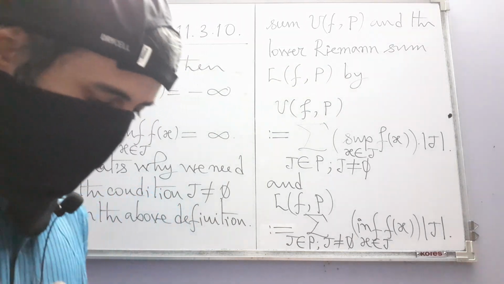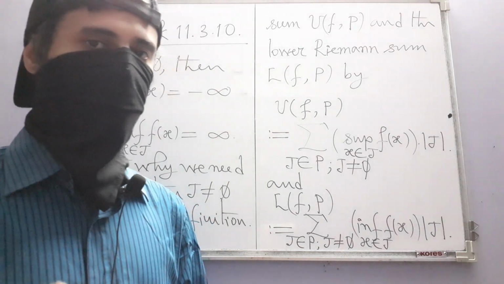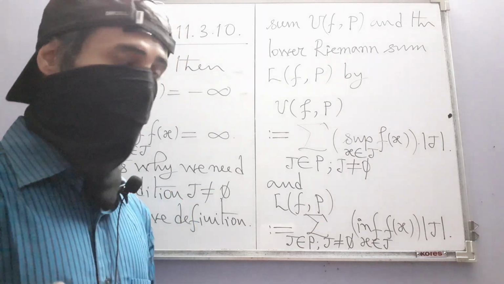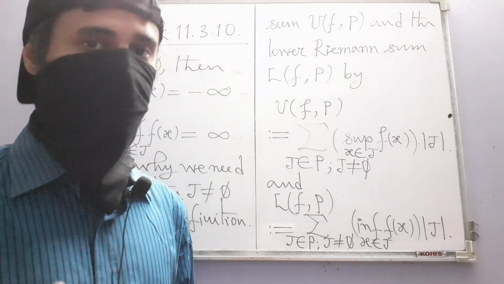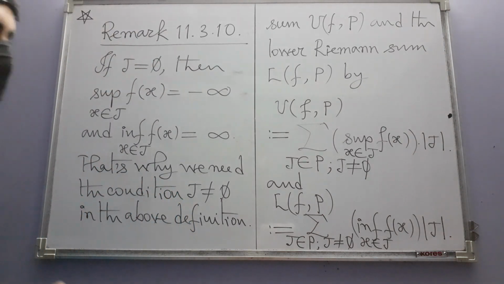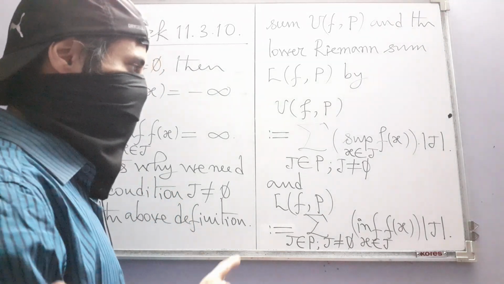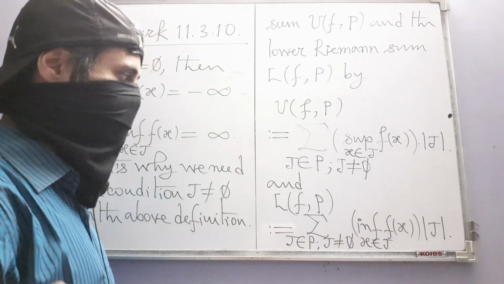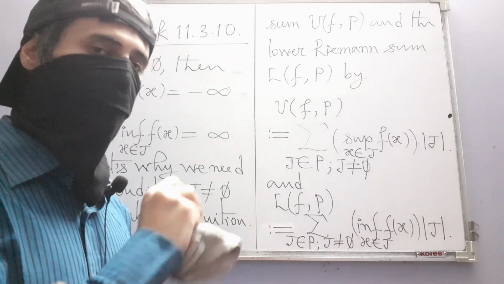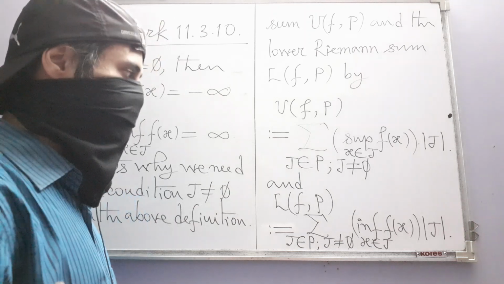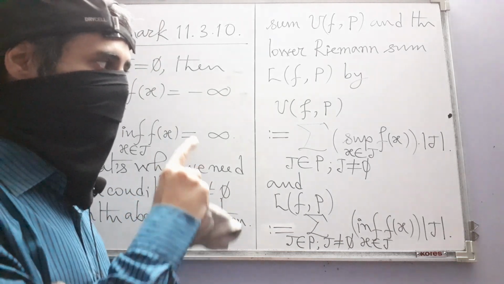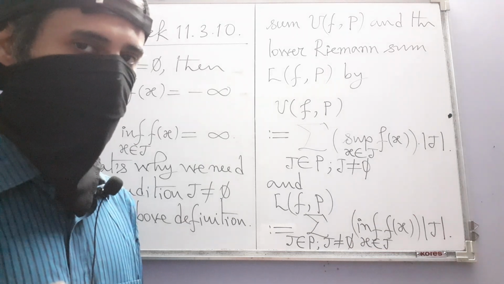So now how do we relate these upper and lower Riemann sums with the upper and lower Riemann integral? Because you see, so far whatever we have done, we have actually done in terms of piecewise constant functions. So you may be a little skeptical about this new integrability.